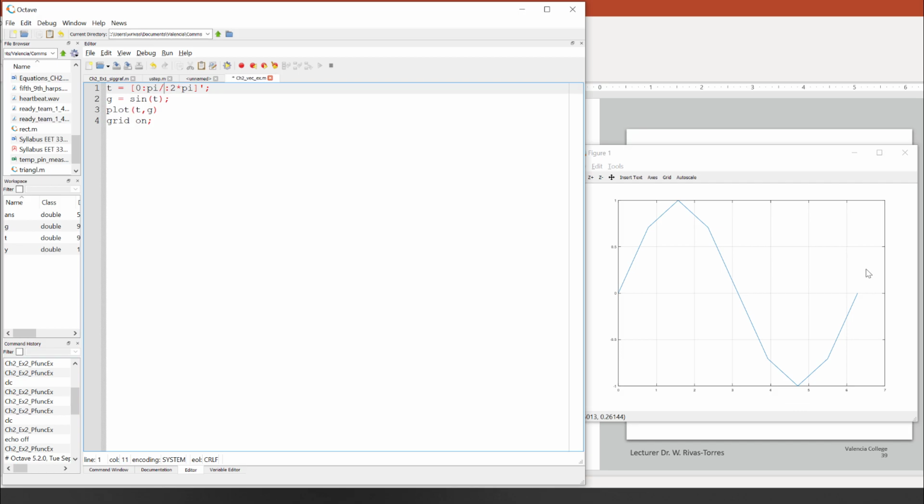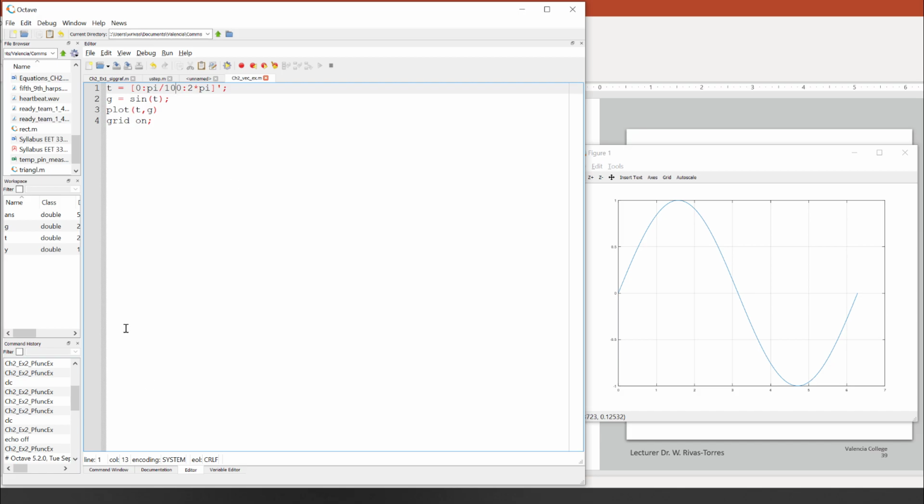If I go another factor of 2, to pi over 8, it really begins to look like a sinusoid. And then if I go to pi over 20, like I did a little while ago, it's really hard to tell it's not a sinusoid. If you look really closely, you might be able to see it. But if I go to dividing by 100, at that point you really can't see it.